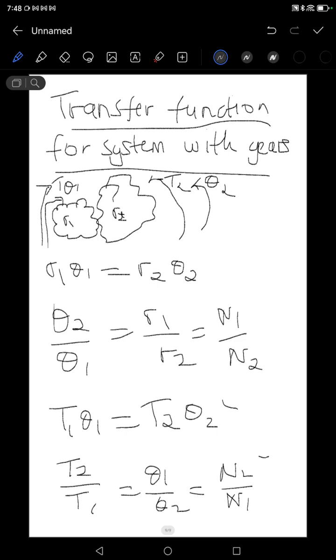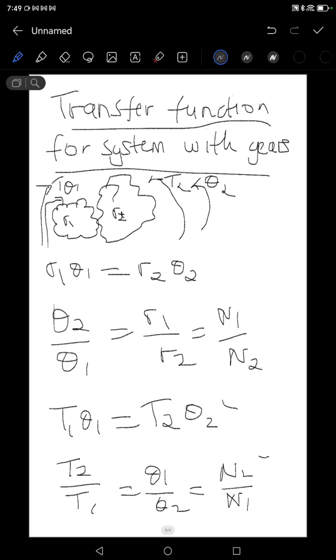This gear will be on a rotational system, so we'll have the gear, and let's say a damper, a spring and inertia. What we're going to do here is an example to show you how the transfer function for a system with gears works.